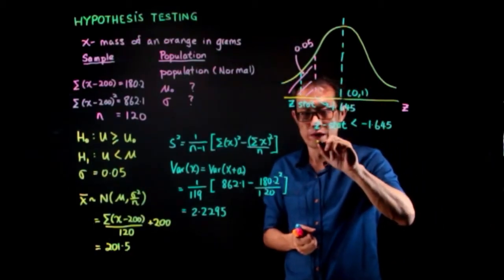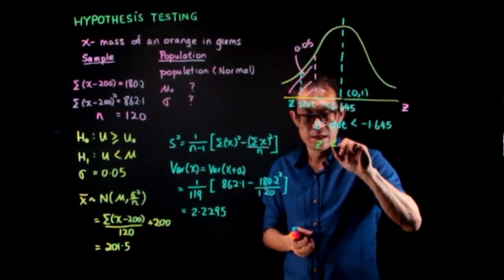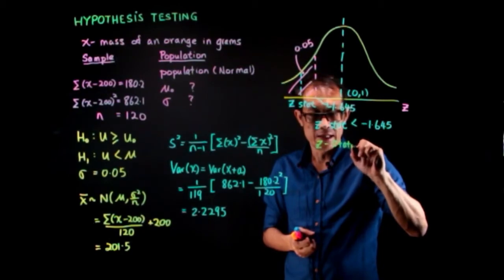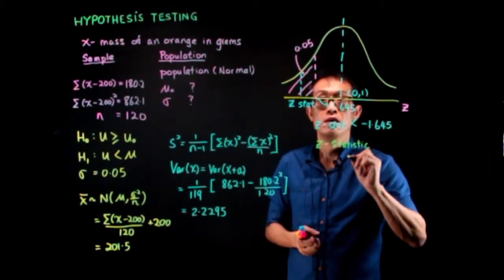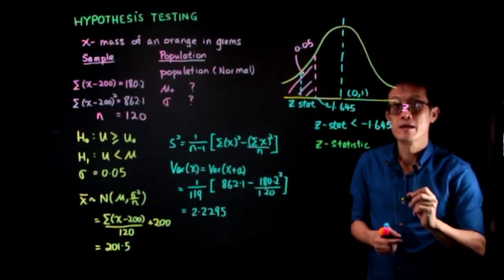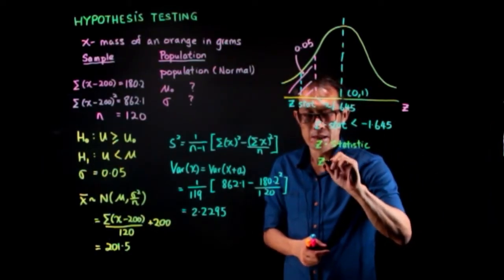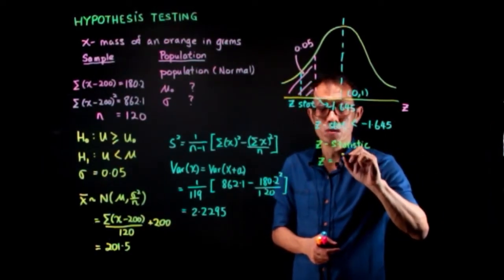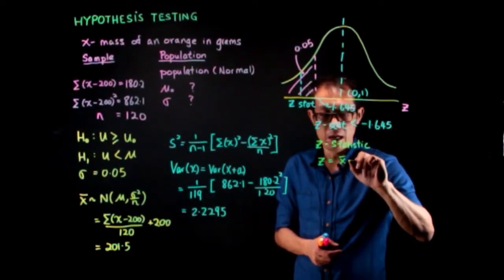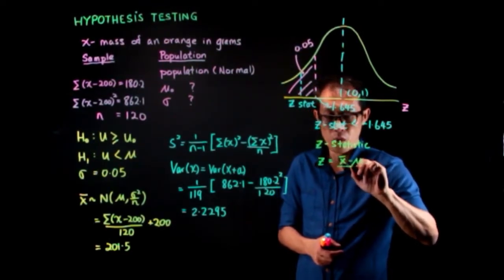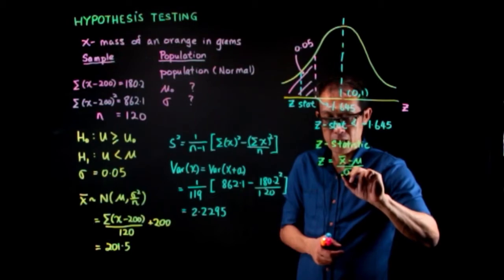So your Z statistics will be given by Z equals x bar minus mu over sigma over root n.